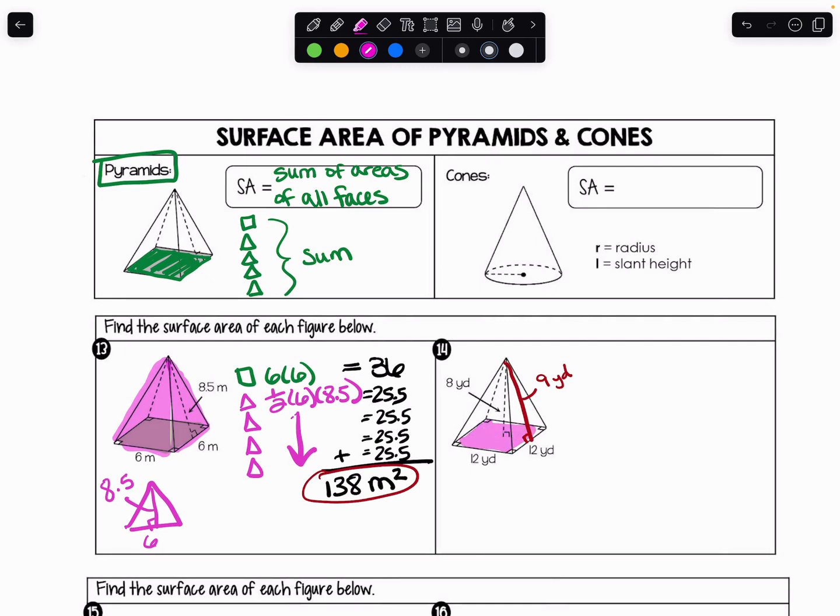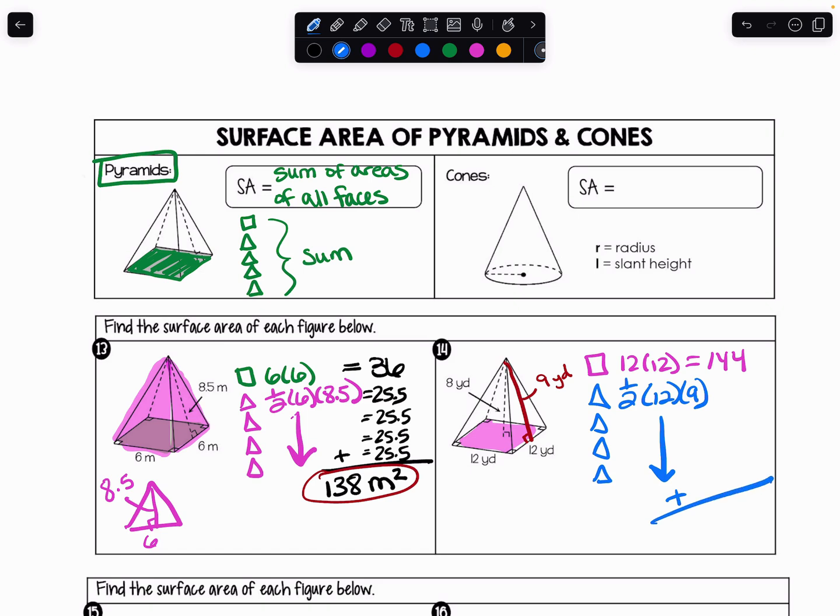12. So we're going to do 144 for that one. And it also has 4 equal sides that are triangles. And one of those would be half of 12 times 9. You would do that, and then you would add them all together.